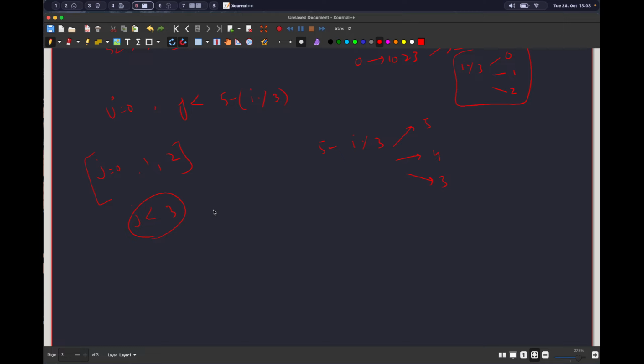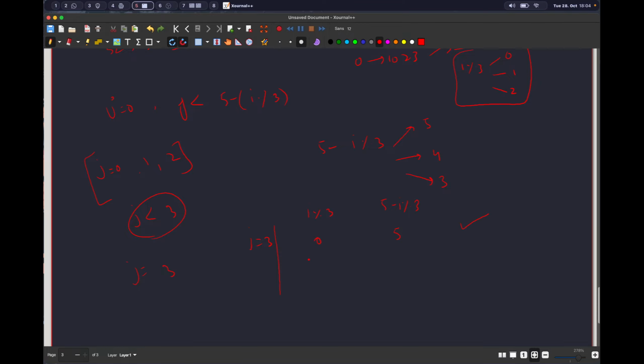When we reach j equals 3, which of the threads can run? Can the threads with i percent 3 equal to 0 run? Let's check. When j equals 3, say i percent 3 is 0, then 5 minus i percent 3 is 5.